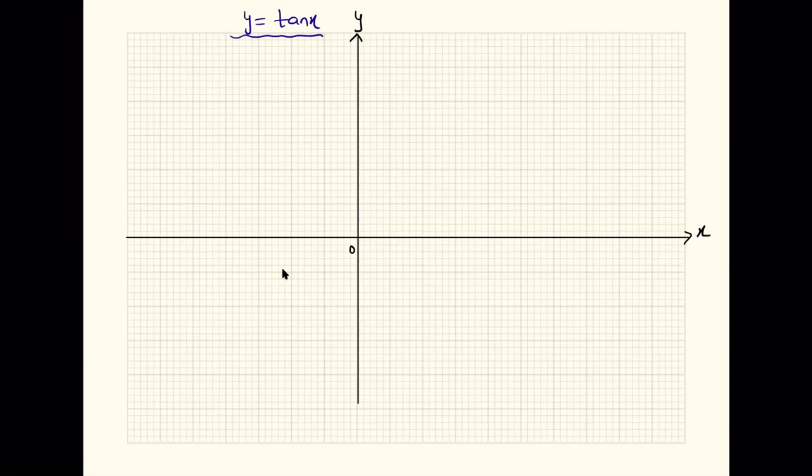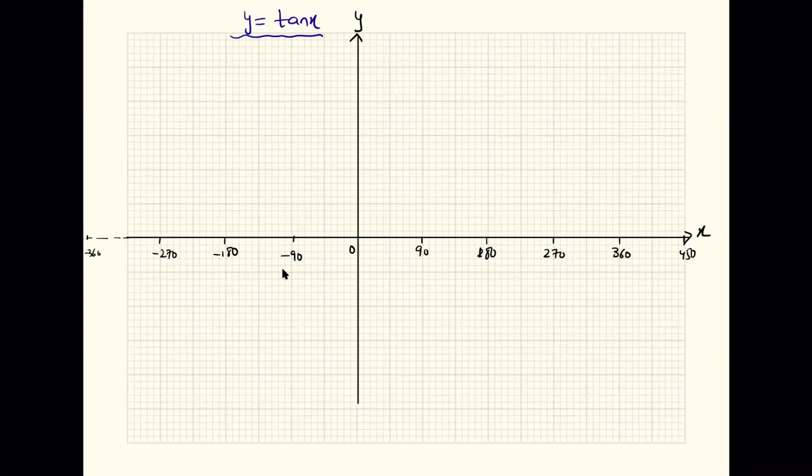So what we do is, after marking the angles 90, 180, 270, 360, 450, let's say, minus 90, minus 180, minus 270, okay, and let me call this minus 360, okay.